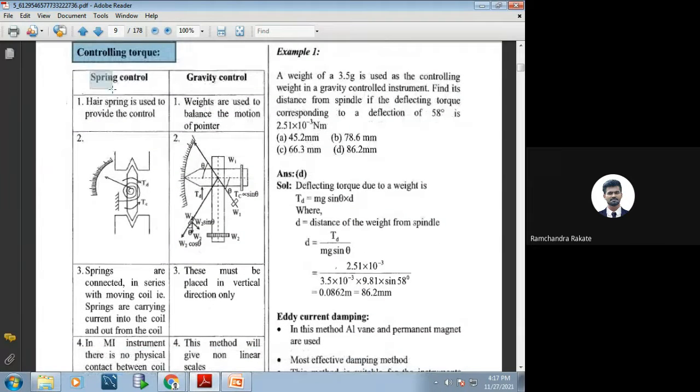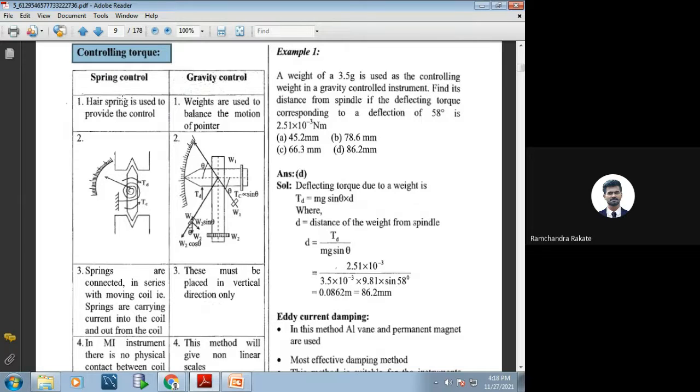Spring control and gravity control are part of the controlling torque, which produces an equal and opposite torque. When the deflecting torque is reduced or removed, we need to bring our pointer to the null position. At that time we need this.